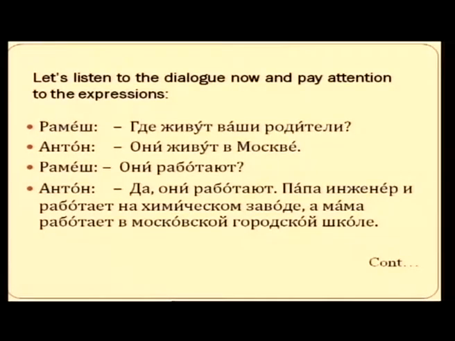Here, большая has been changed into большой школе. Accordingly, when in the text it has been used with городской школе, in the nominative case it would have been used with городская школа.